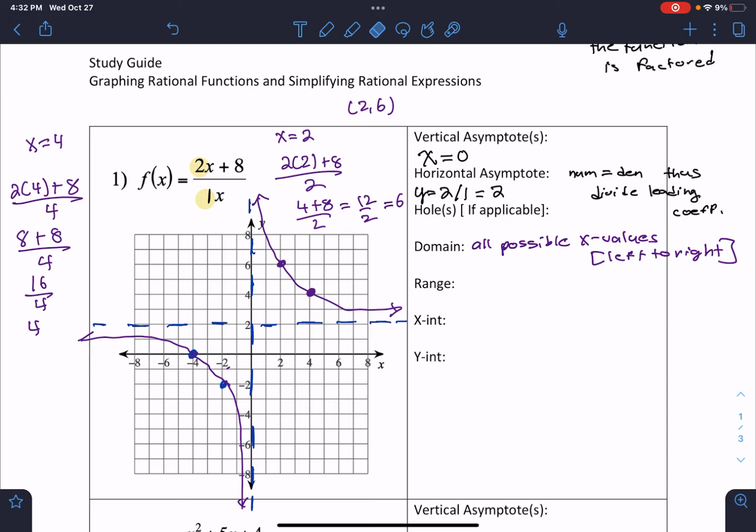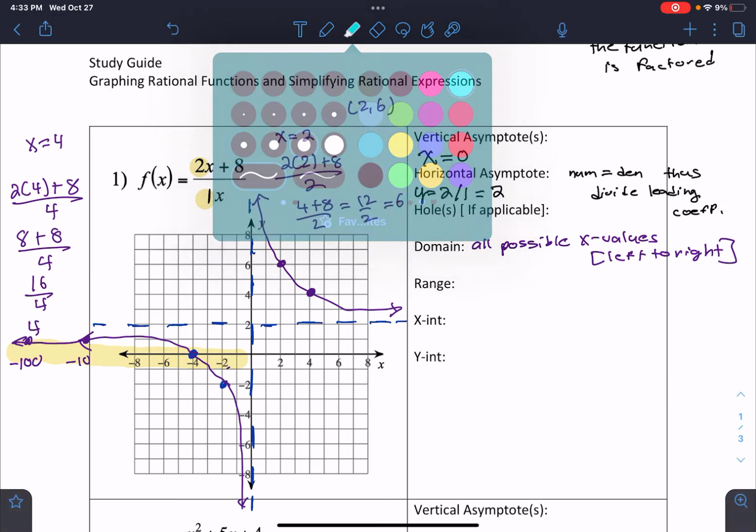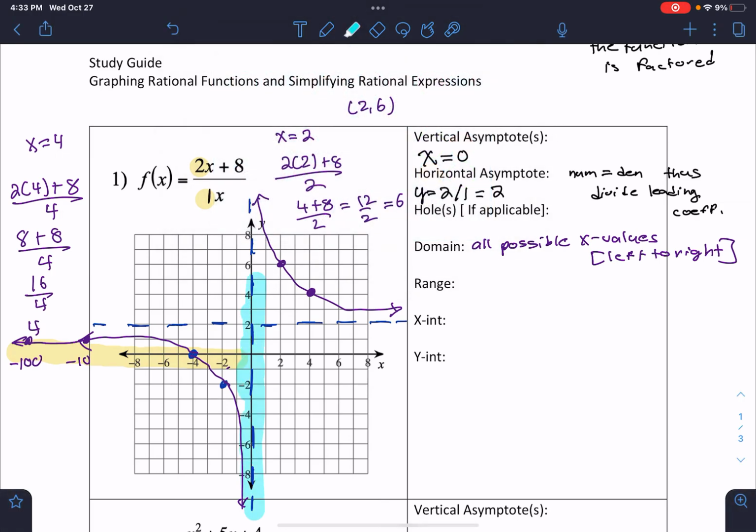At every single x point, my graph will touch at some y value, right? Like if I was at -10, it touches right here. If I was at -100, it touches right here. Like for every single x value, it touches it until we run into a problem, which happens right here.